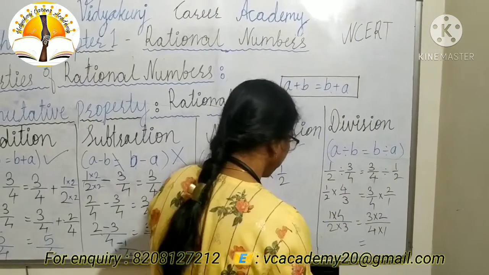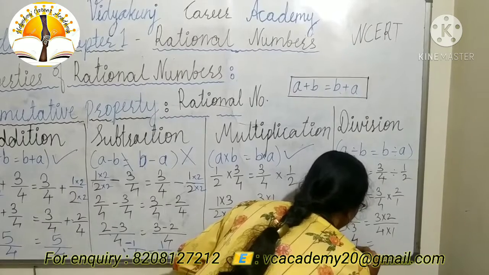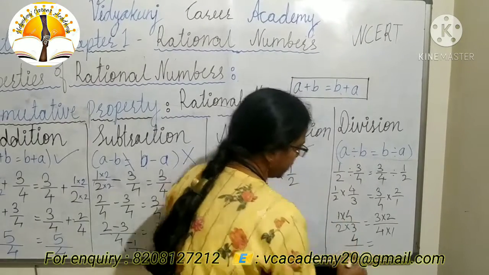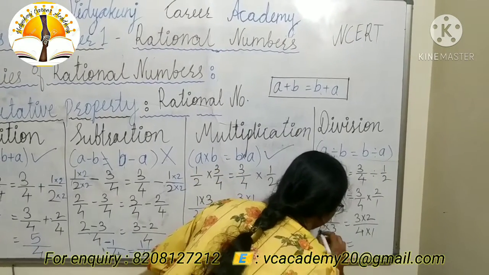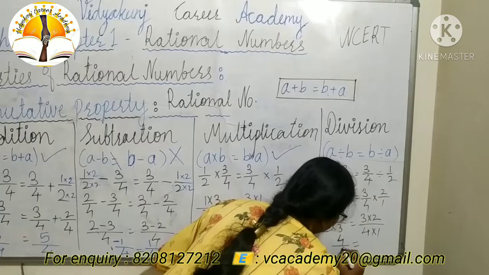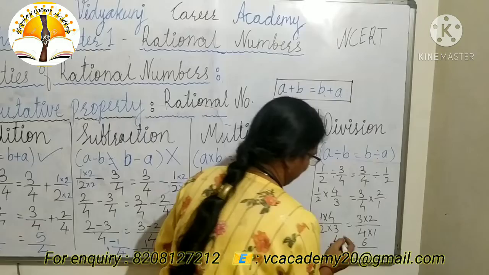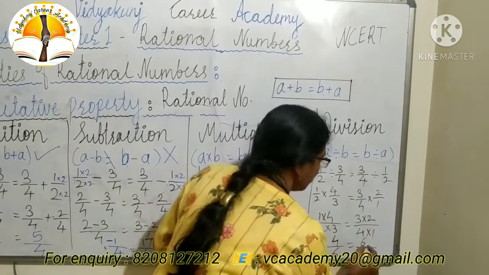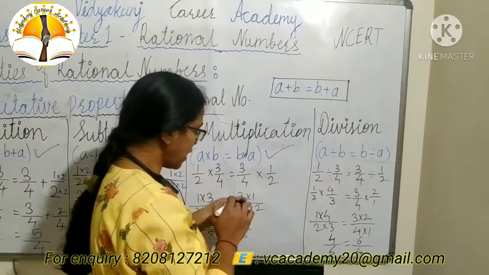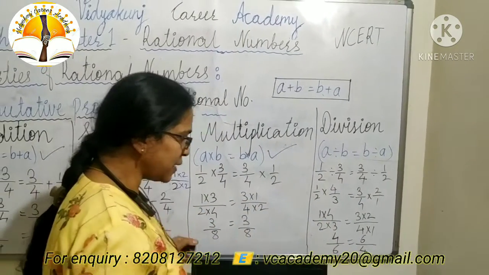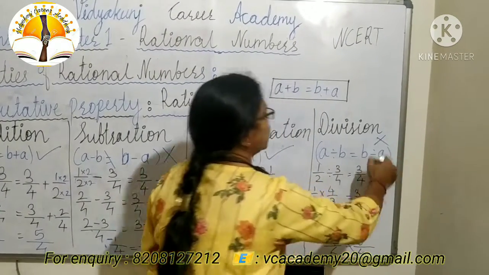What is answer? Now 1 into 4, 4 only, and 2 into 3, 6. Now here 3 into 2, 6, and 4 into 1, 4. Are these answers same? No, these are not same. So division is not commutative.